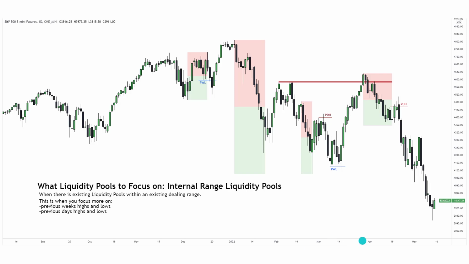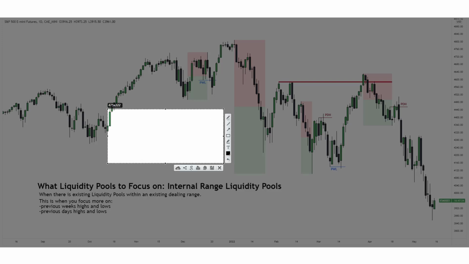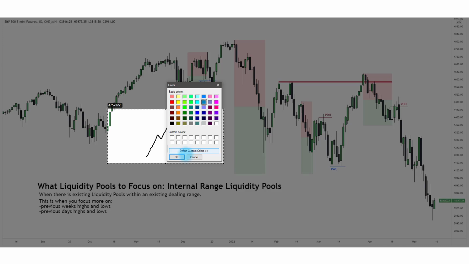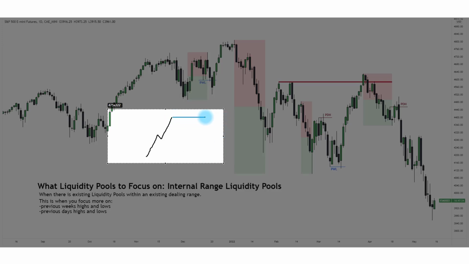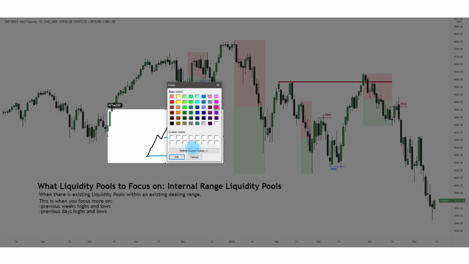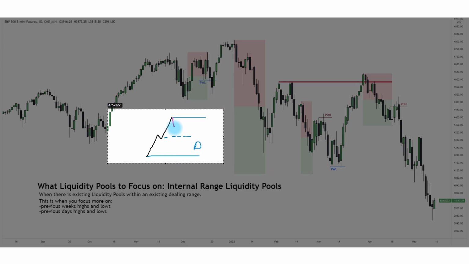You can also use liquidity pools when focusing on internal range liquidity. Okay, so internal range liquidity is when price has a trading range like this, and we're seeking discount market, for instance. This is when price seeks internal range liquidity rather than external range liquidity.